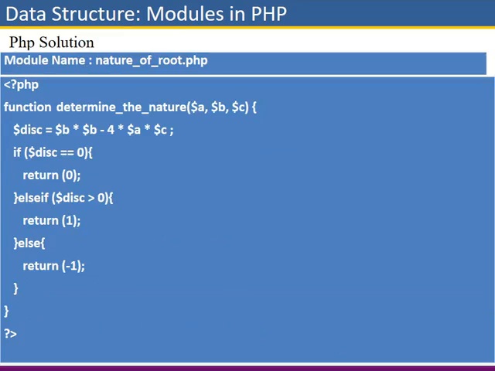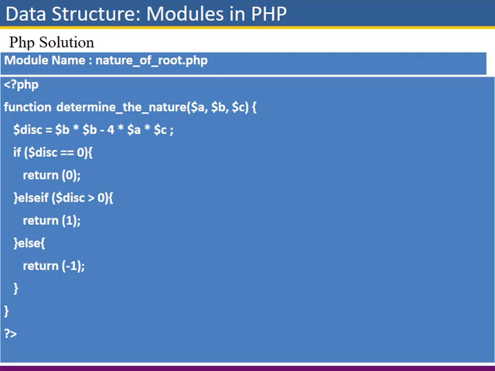For the PHP solution as well, the module name is the same, nature_of_root. But in Python the extension is .py, while in PHP it is .php: nature_of_root.php. We start with the PHP opening tag, and the function keyword, not the def keyword.